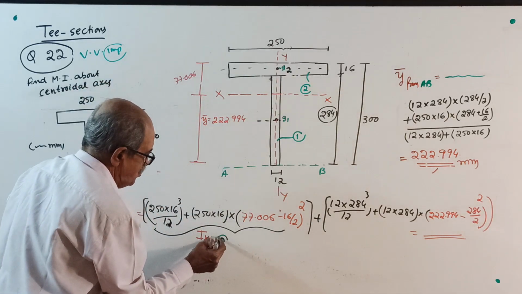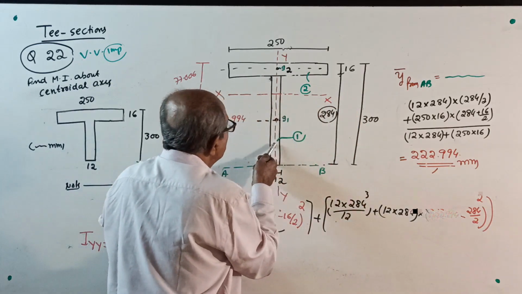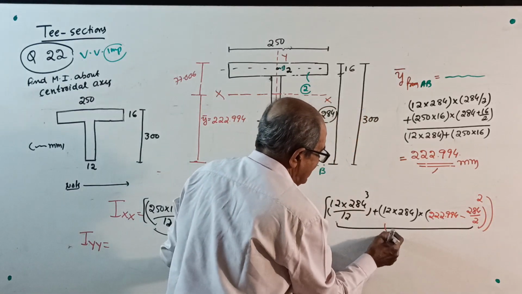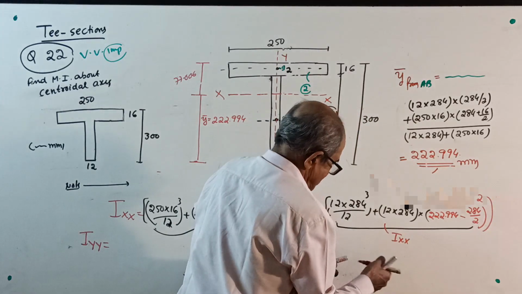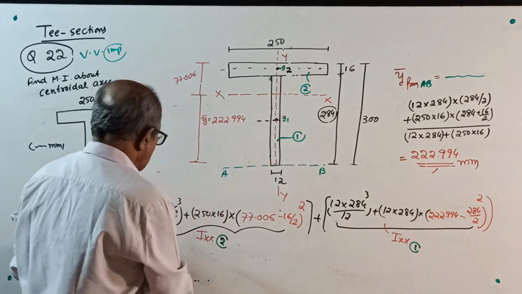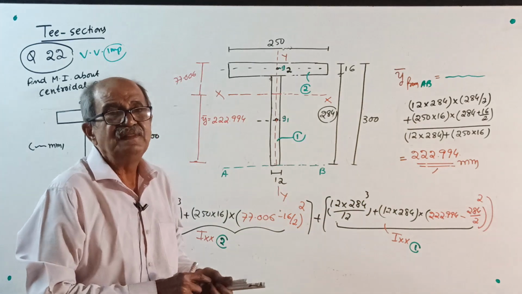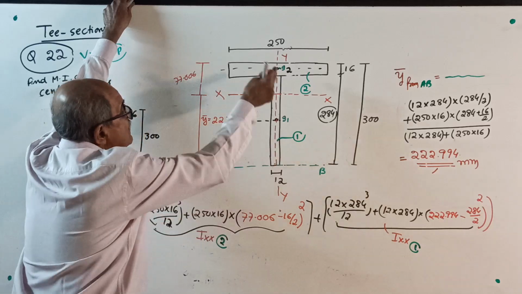Okay, I told this is 1, that is 2, no problem, interchange. This is your I about xx for 1. Or when you calculate, write that one first, then write this one. That much you can do. When you write, first write for 1, then write for 2.